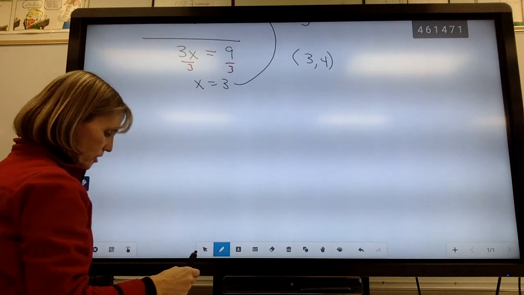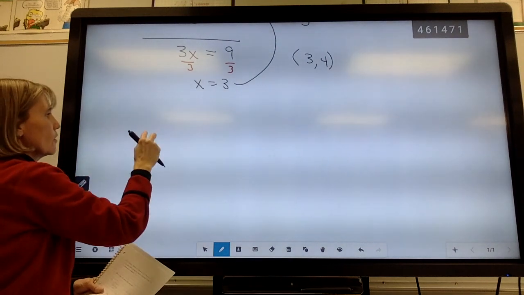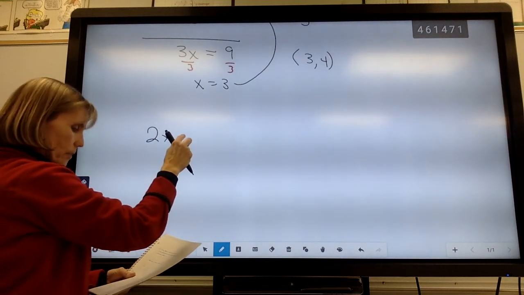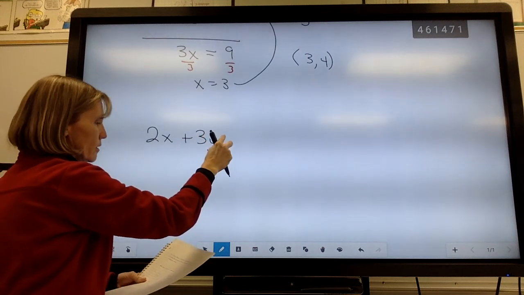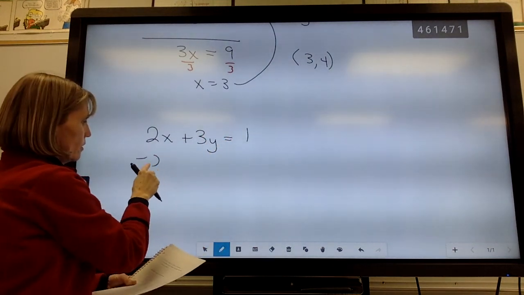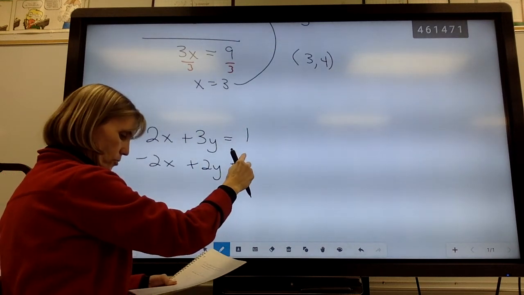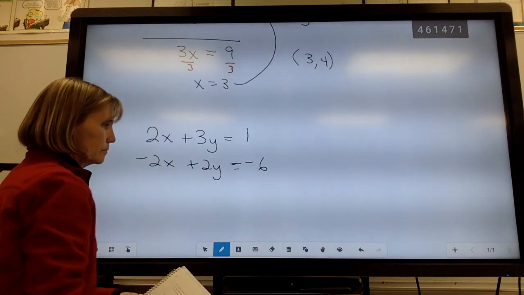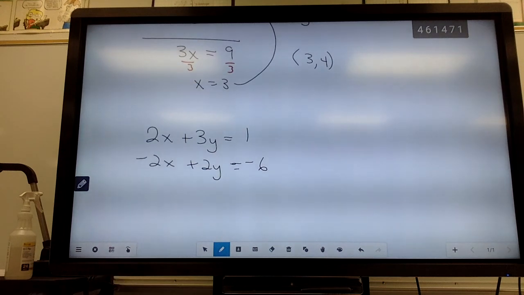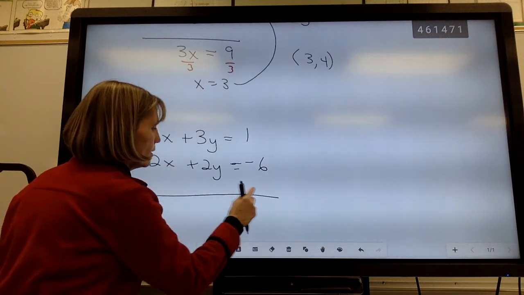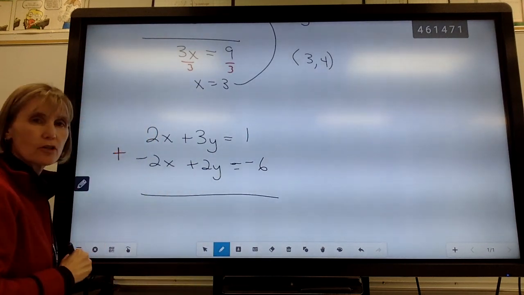Okay, let's try another system. If I have 2x plus 3y equals 1, and I have negative 2x plus 2y equals negative 6. Okay, so I'm going to add the two equations together.